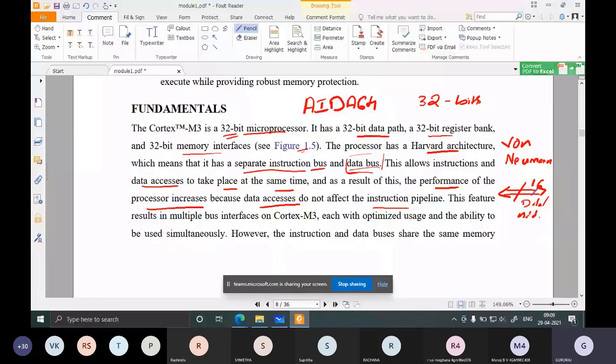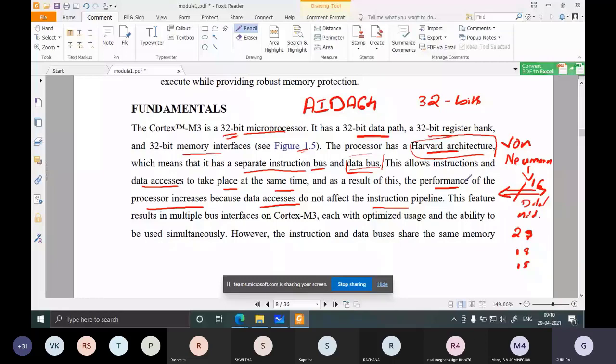Let's say out of 2 seconds, for the first second it acts as an address bus, and for the next second it acts as a data bus. So there is a time multiplexing concept here, and hence this will consume more time. Simultaneous address and data access is not possible in von Neumann, but Cortex M3 is Harvard architecture, so it is much faster.